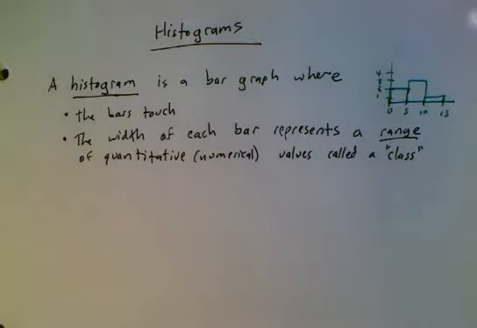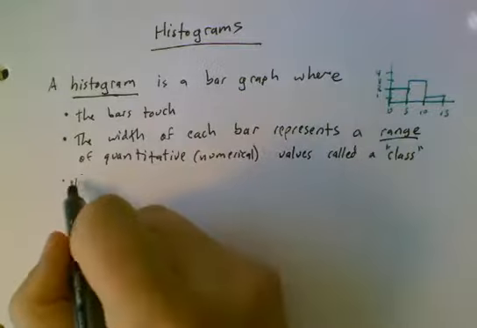And as I just mentioned, the height of the bar is the frequency, which is how often something occurs, or the relative frequency, the percent or proportion of time that something occurs.